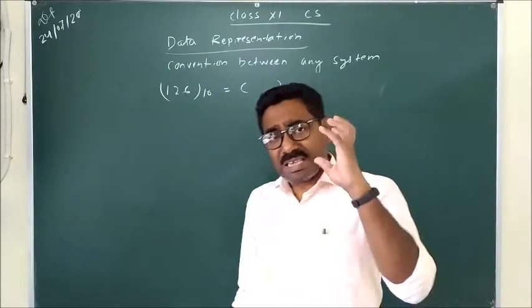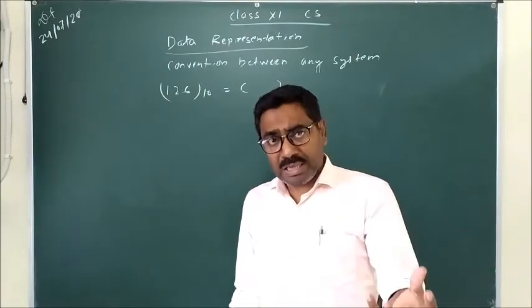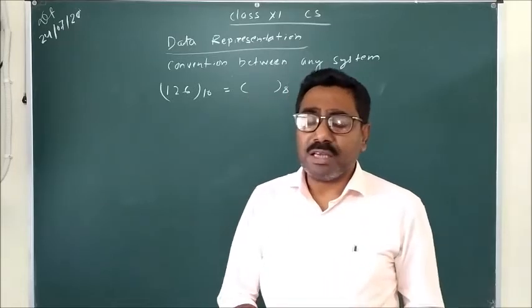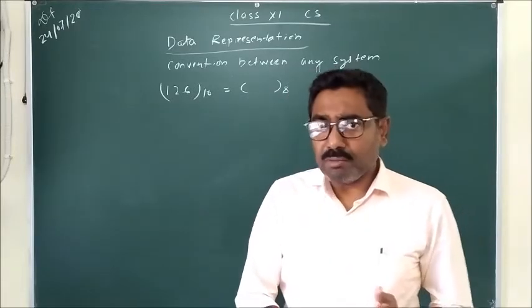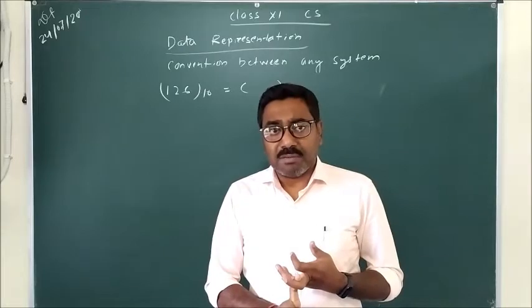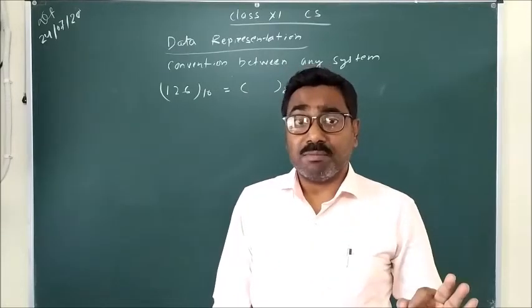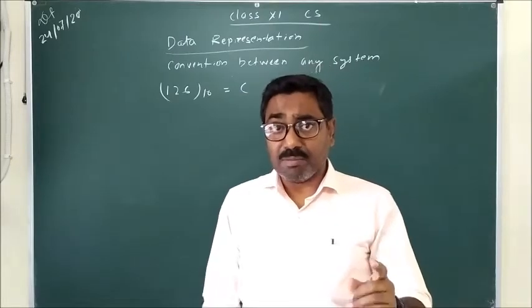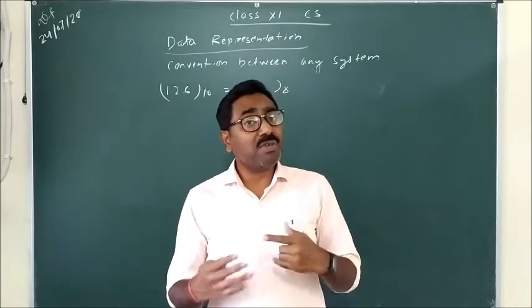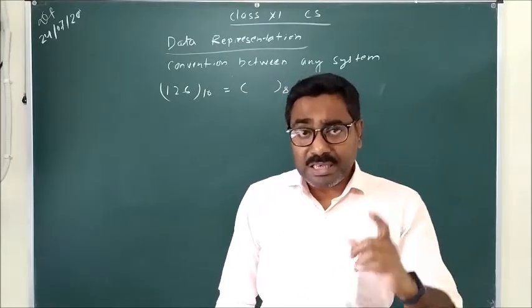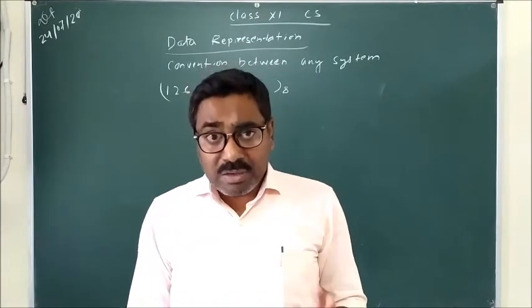So when we are converting a decimal number to any number, either a binary number or an octal number or a hexadecimal number, divide the number by the base number. That means in case of decimal to binary, what we did, we divide the decimal number by 2, and each time we note down the remainder.